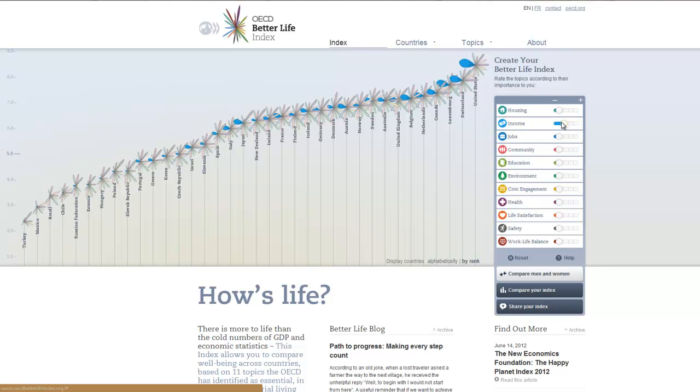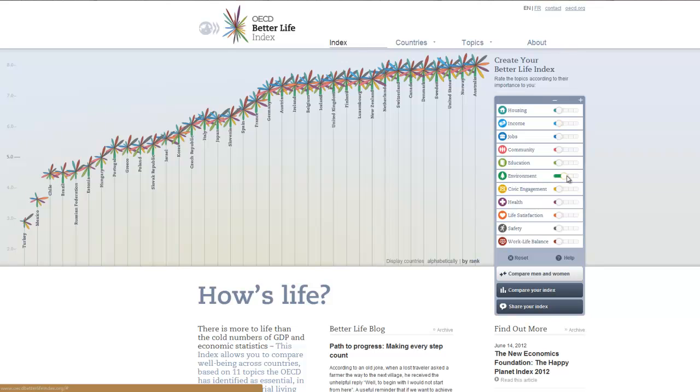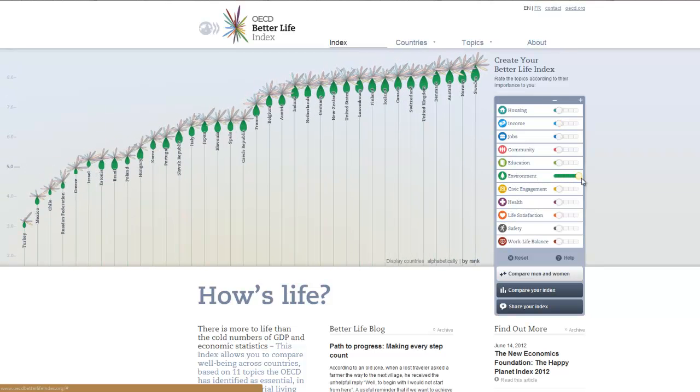Or if you think that the environment is your big issue, things reorder themselves, and then you see the ranking change as well, with the United States taking a bit of a tumble, then Sweden, Norway, Australia, Denmark ranking to the top because of their environmental policies.